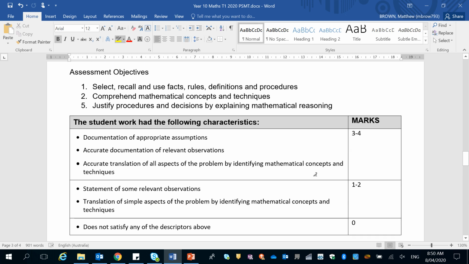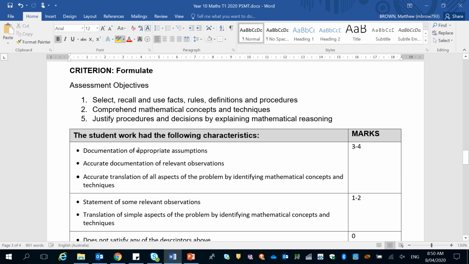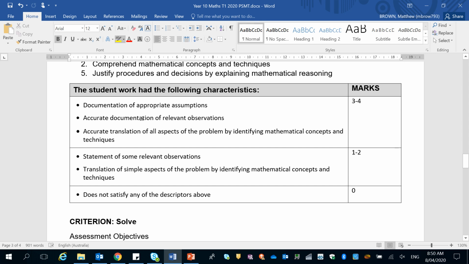Okay, so the best piece of advice I can give you is when you are going through your assignment, go through the ISMG, okay, and give yourself a mark. So go through your formulate section and see which of these dot points applies to you. If you have each of these 3, you get 4 out of 4.